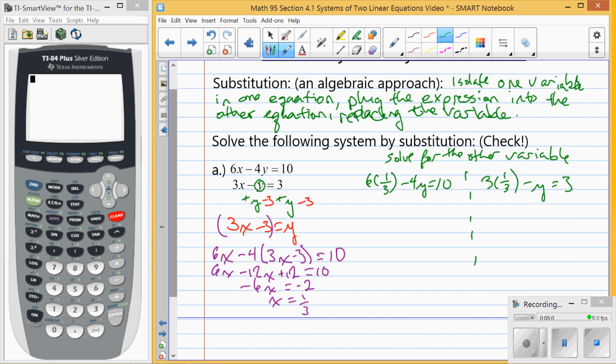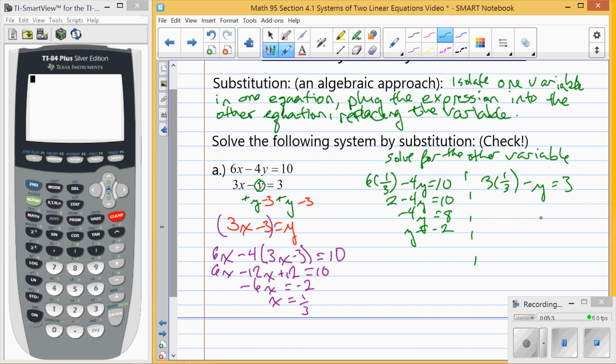This is just for demonstration purposes. In this first equation, I wind up with 6 over 3 is 2, minus 4y equals 10. Subtract the 2 away, negative 4y equals 8. Divide by negative 4, y equals negative 2.